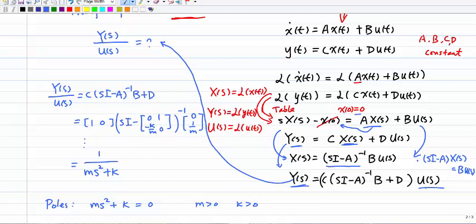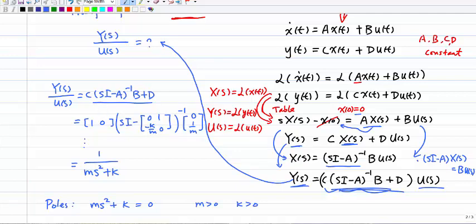From here, Y(s) over U(s) is given by this part: C (sI minus A) inverse B plus D. That's the transfer function for a general linear time invariant system using the state space representation.